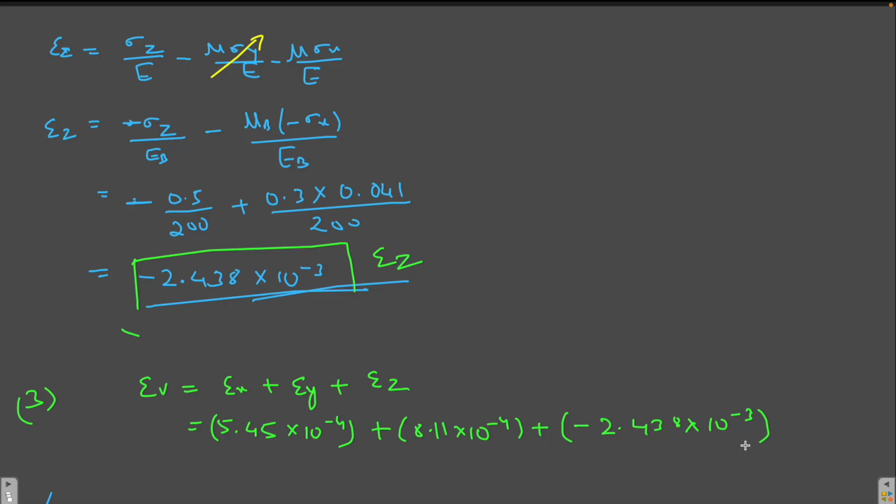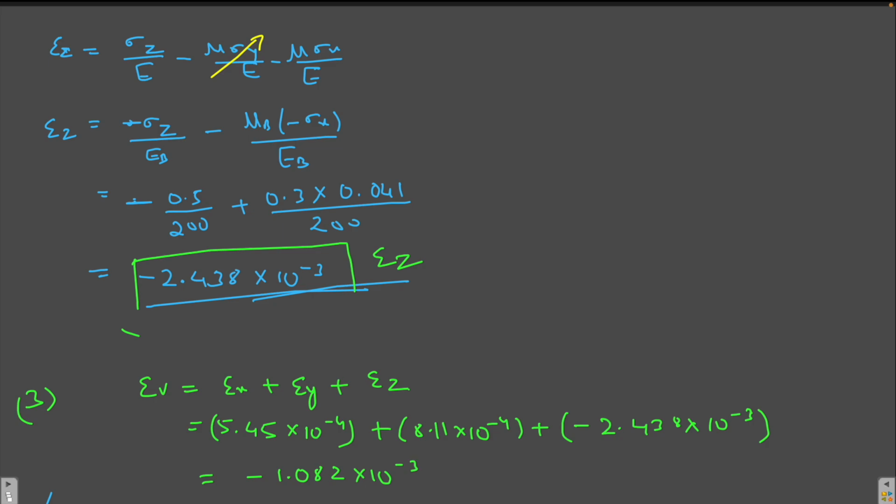And if you do this, you will get your answer. The final answer which we are getting is minus 1.082 into 10 to the power minus 3.